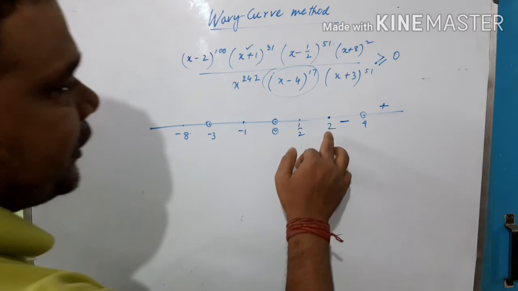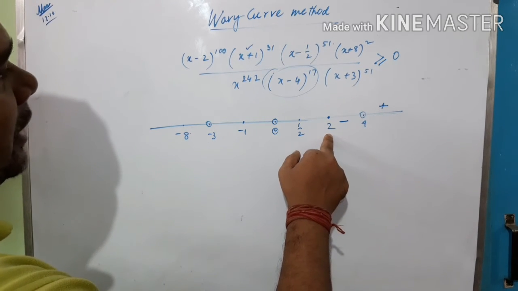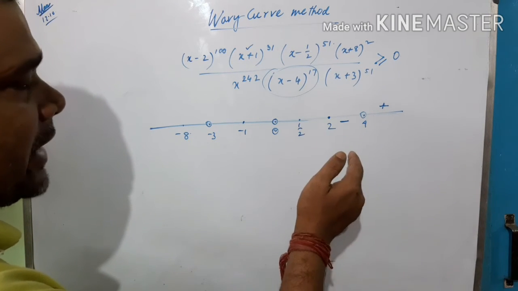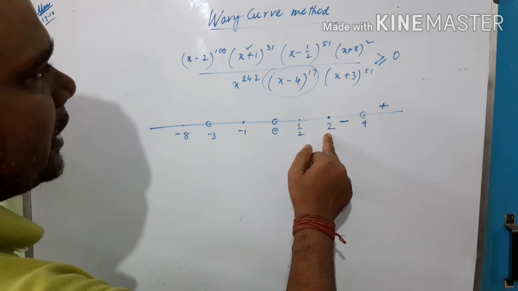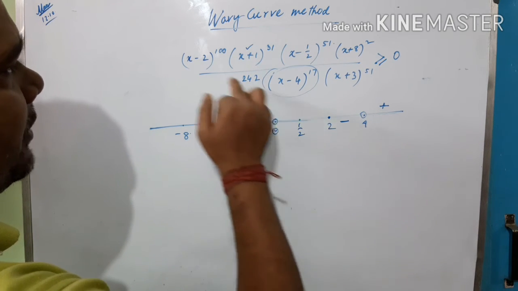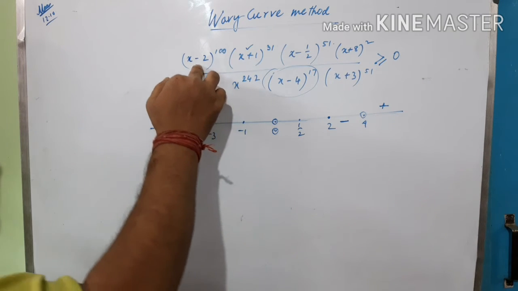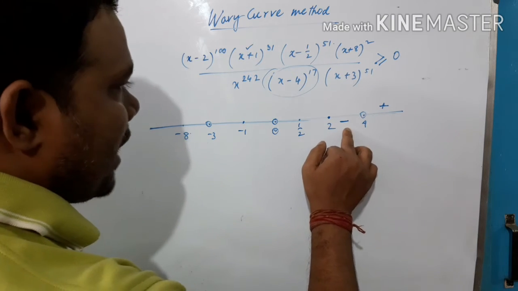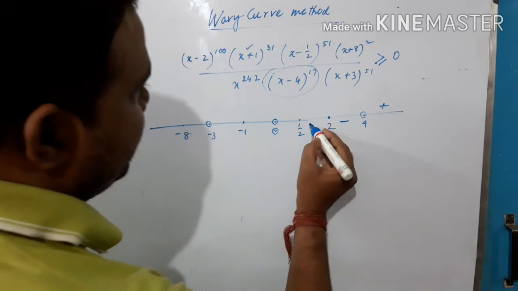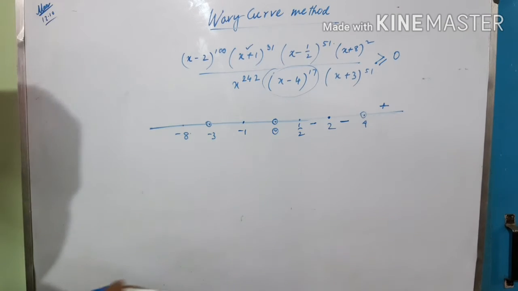Next, who is separating? The number is 2. Who is separating the adjacent interval? The number is 2. 2 is coming from which factor? 2 is coming from this factor. Here the power of the factor is even. So even means no change. That means it was minus, it will remain minus. Clear?